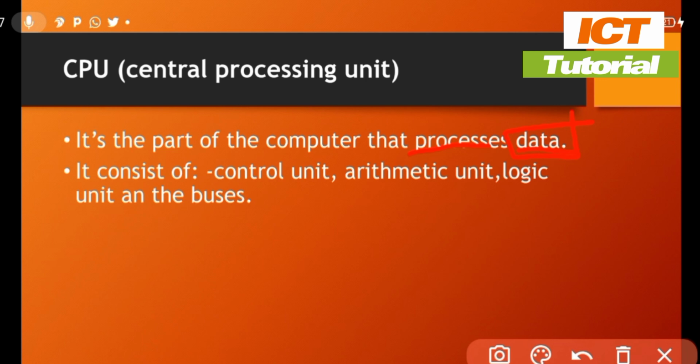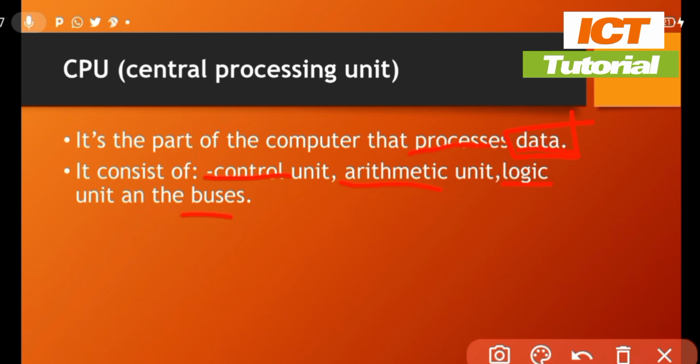So when data are inputted to the computer, they get processed by the central processing unit.